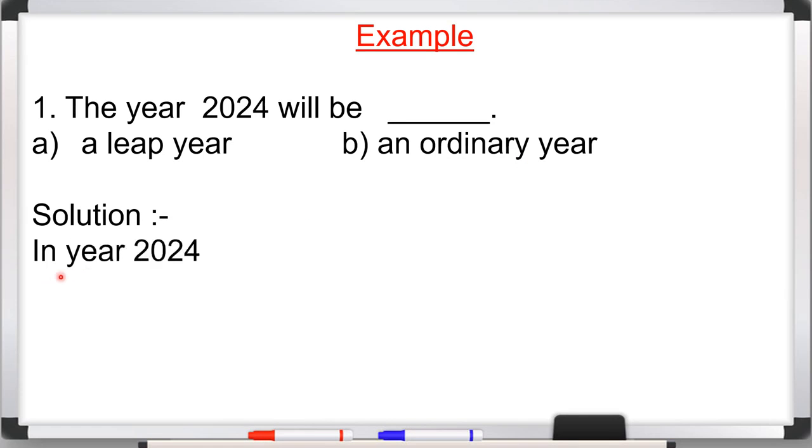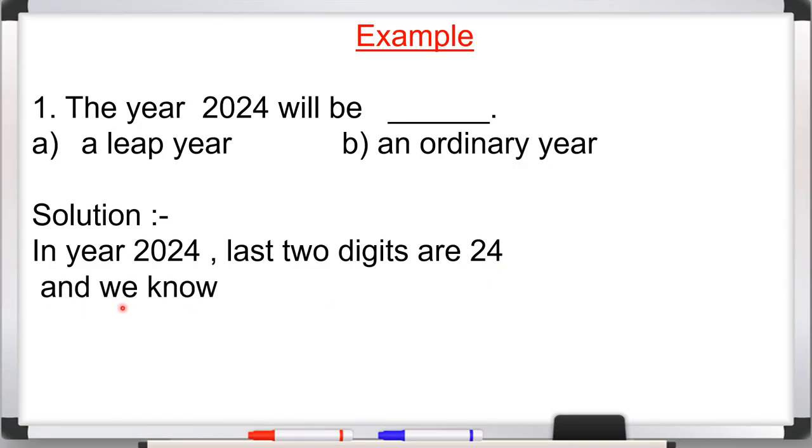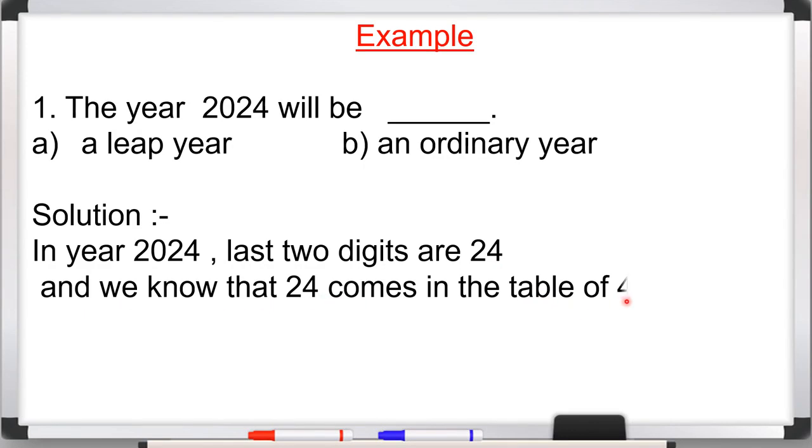So here in the year 2024 last two digits are 24. These are the last two digits that are 24. Okay, so we know that 24 comes in the table of 4. Now we have to divide it by 4, and we know that 24 comes in the table of 4.